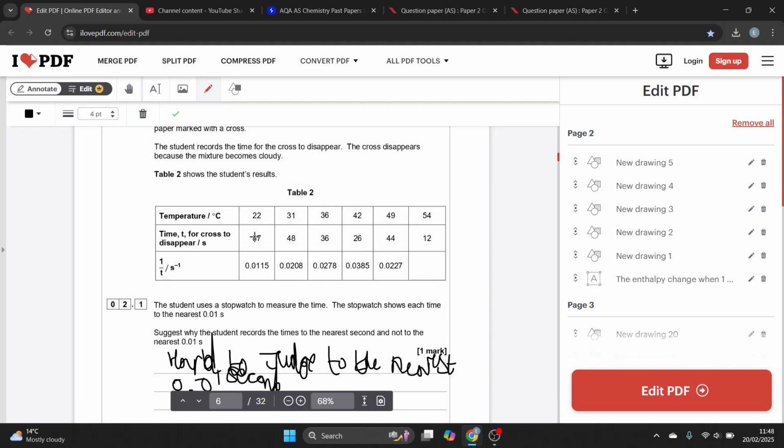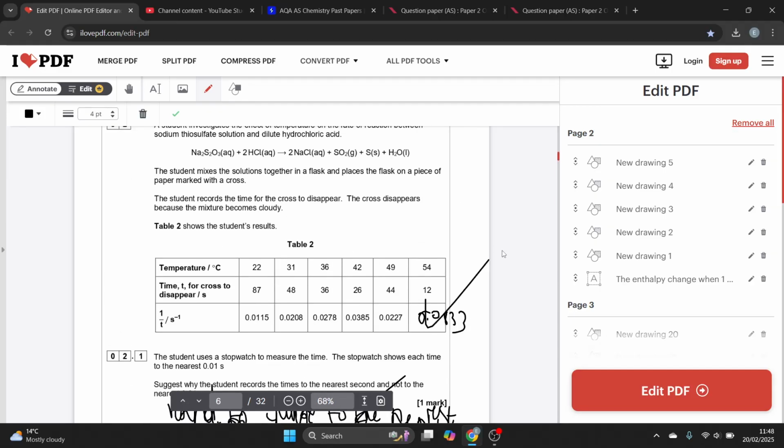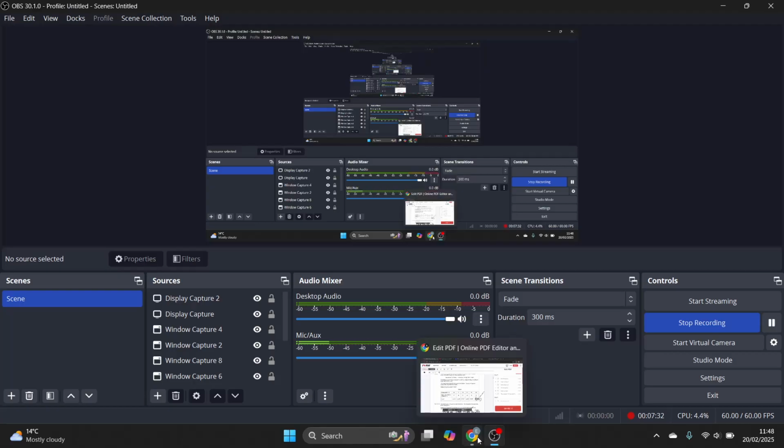Complete table 2. So it's going to be 1 over time, so 1 over 12, 0.0833.